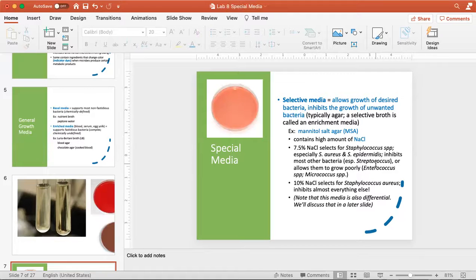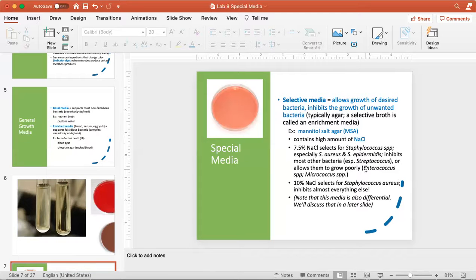I will mention that at this percentage of salt, you can get a very weak growth of 2 other types of cocci. One is called Enterococcus, that's a genus name. And the other one is called Micrococcus.